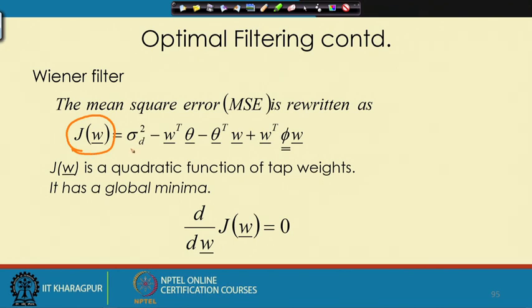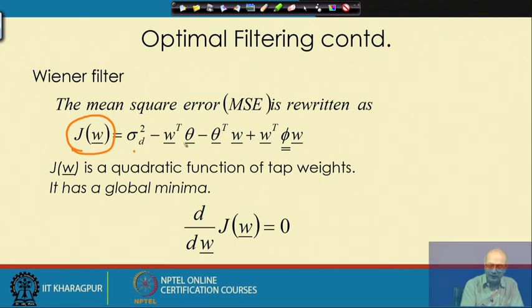The first term is the variance of the desired signal, the second and the third terms are nothing but the cross term of the weight and the vector theta. Theta is a cross-correlation vector between the observed signal and the desired signal, okay. And at the end we get the term involving phi, which is the autocorrelation matrix of the observed signal x[n].